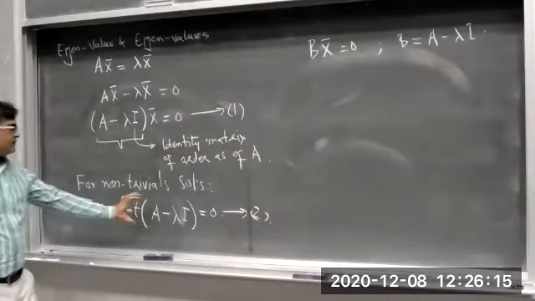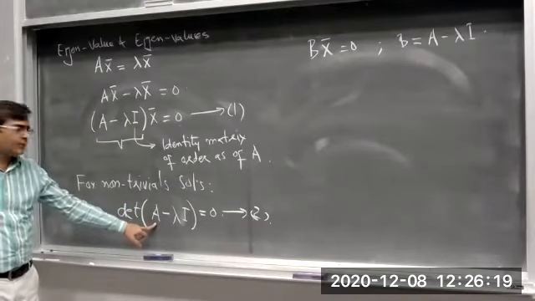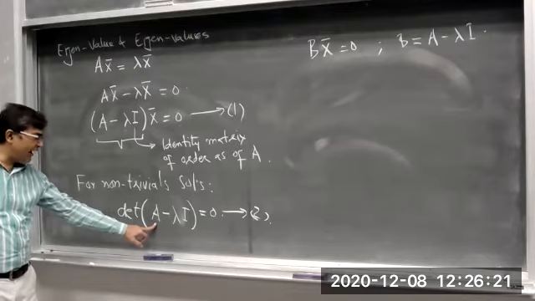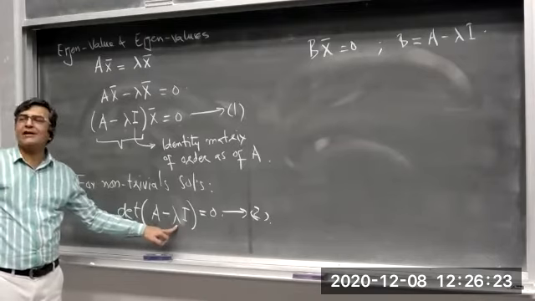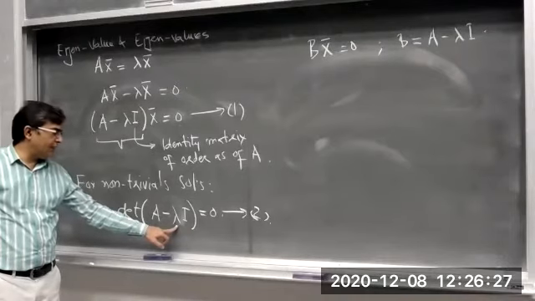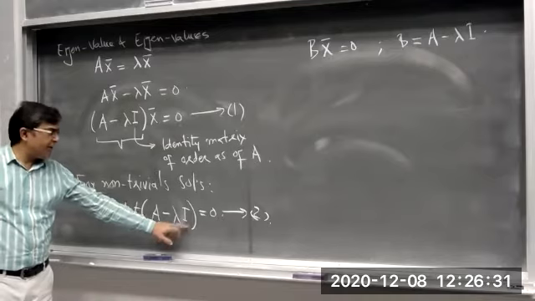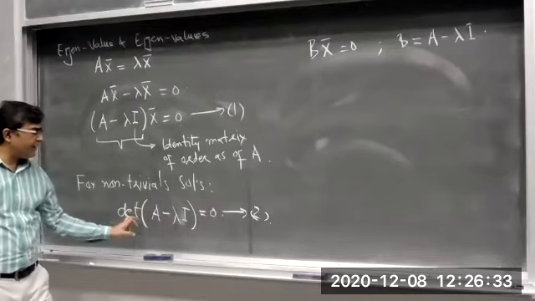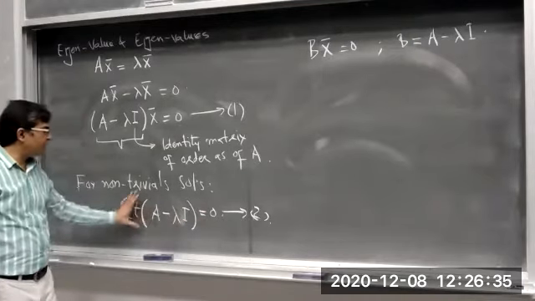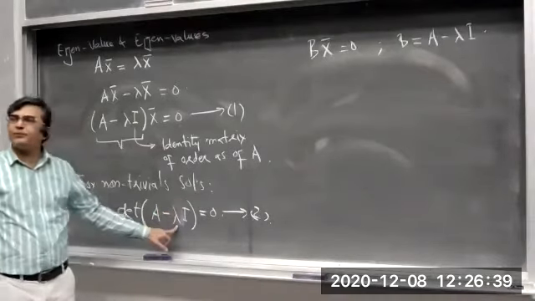From equation 2, we know that A is a known matrix. If we put here the value of A, minus lambda, which is the unknown value, the eigenvalue to be determined here, and I is the identity matrix, which we know. Now this determinant we put equal to 0, and it gives us the values of lambda.